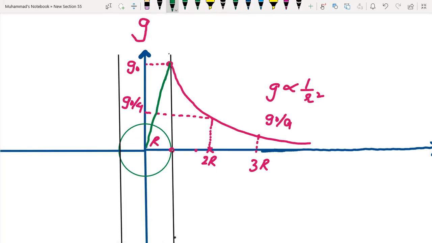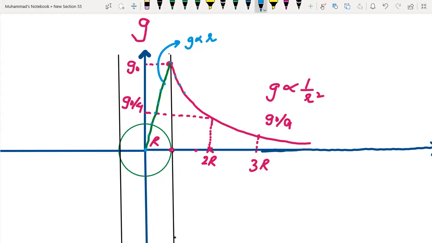Inside, G is given by this formula, so inside, G is proportional to r. This shows G is 0 at the center, and G will increase and become maximum. After that, G will decrease.